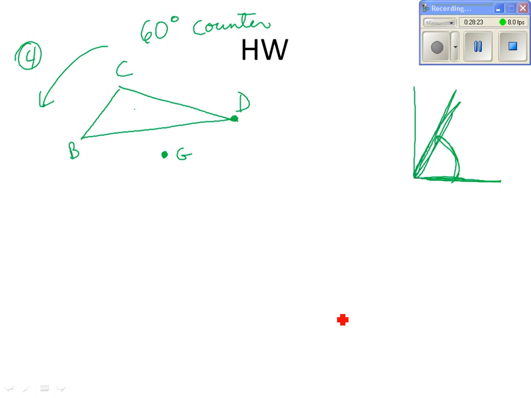G to B. Connect G to B. Finger out of the way. It's about that long. We want to go 60 degrees. So we're going to go down this way. Maybe about there.